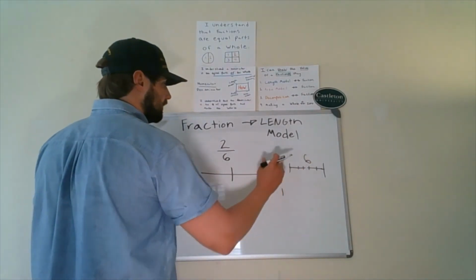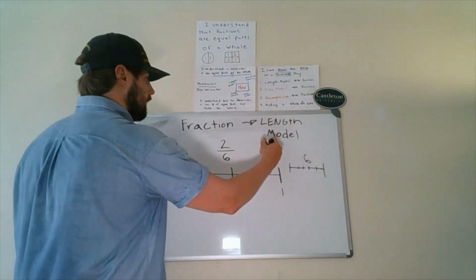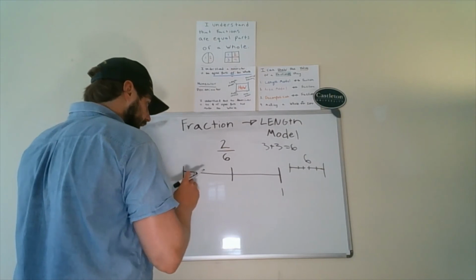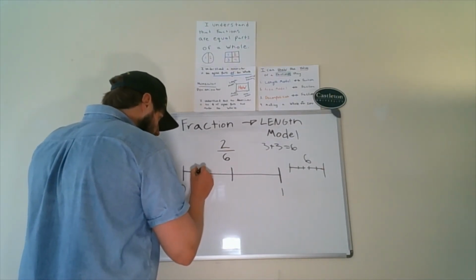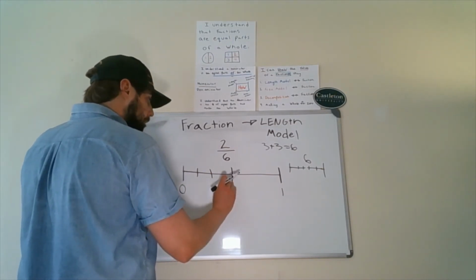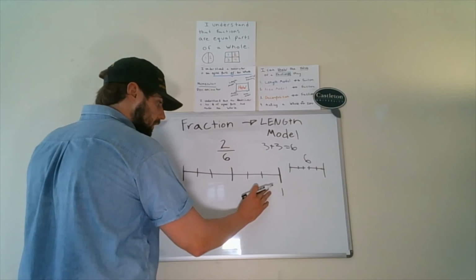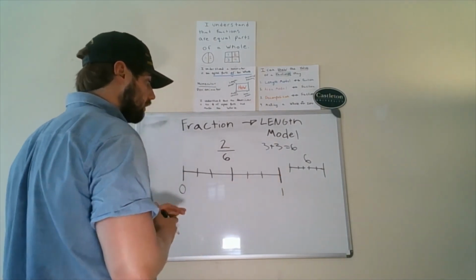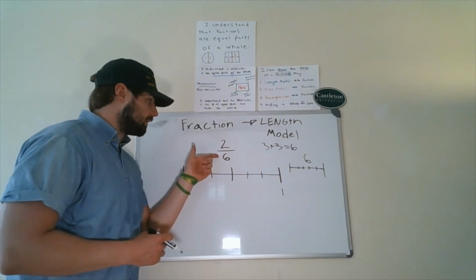I know half of 6 is 3. 3 plus 3 is 6. So, I'm going to partition first 3 equal parts to make a half. 1, 2, 3. And then another 3 equal parts to make that whole. 1, 2, 3. So, I've made my parts of the whole, 6.